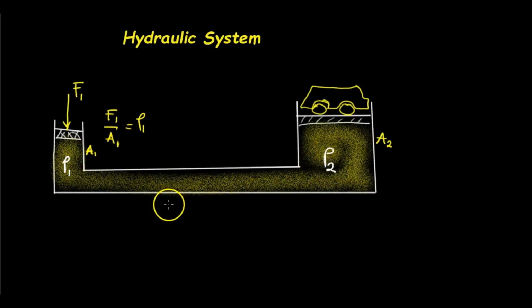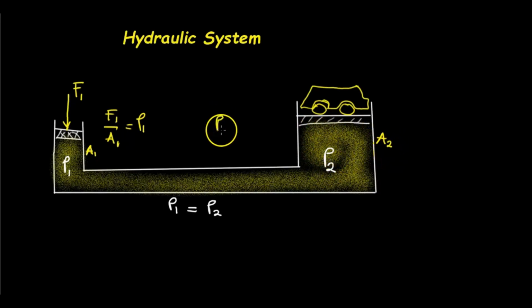Therefore the pressure P1 would be equal to the pressure P2, because Pascal says that the pressure will be distributed equally throughout the fluid. Now when this happens, I have a pressure which has the same value as that coming from here where I apply the force, and I have an area. Now what will be the force that will result from this pressure and this area?